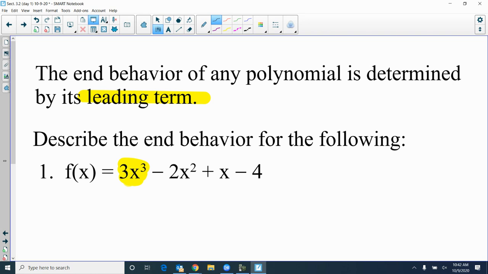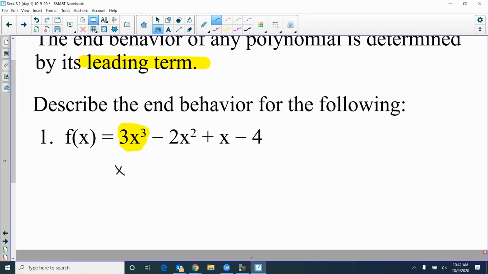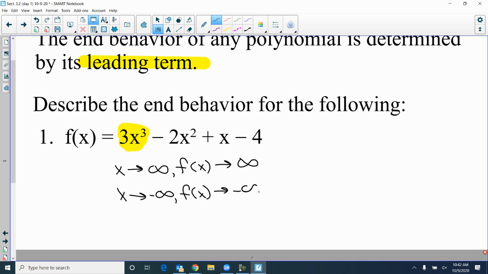Now, when you write this end behavior, when it says describe the end behavior, this is what you do mathematically. As x goes to infinity, where's f of x going? Okay, you got to do that piece. So that means it's going to positive infinity, right? And as x goes to negative infinity, where's f of x going? It is going to negative infinity.